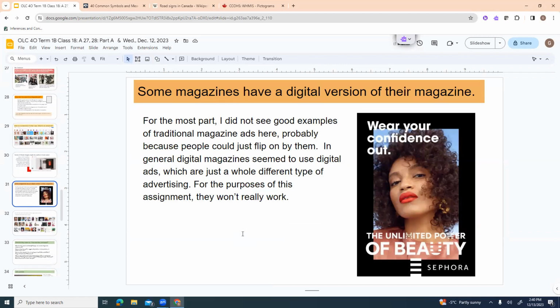Now, I did take a look at digital magazines because I thought maybe they would still include some print ads, but they really didn't seem to. I checked a few things. For the most part, they used graphic ads that had moving parts that didn't really suit things.